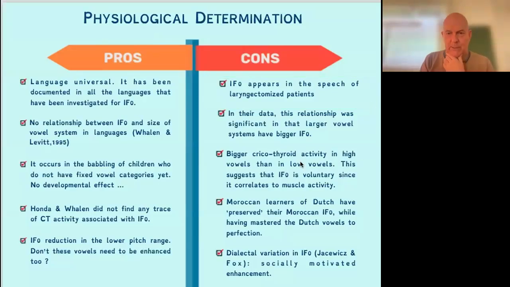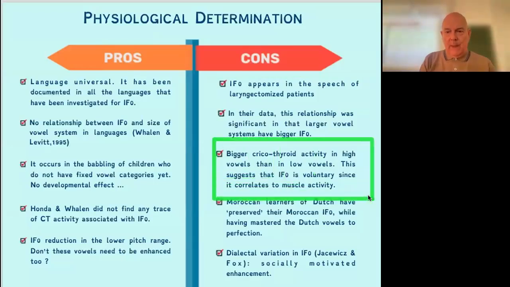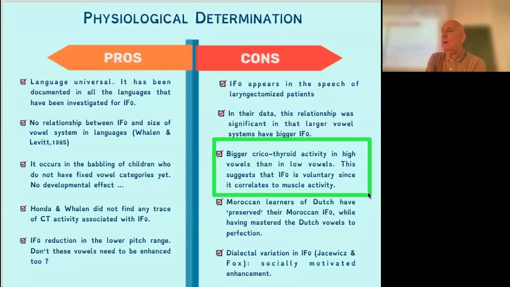What else is a nice one? I think personally that perceptualists have found significant muscle activity associated with IF0, particularly the cricothyroid muscle, which is responsible for variations in fundamental frequency and vocal fold vibration.